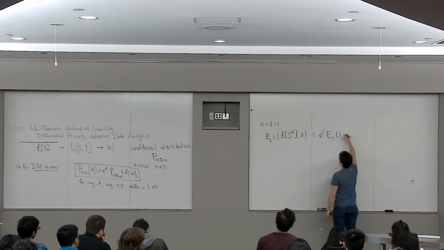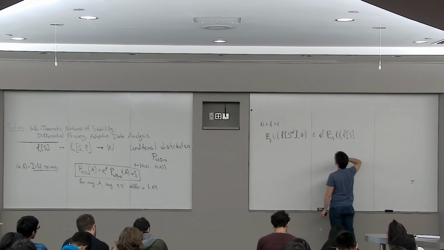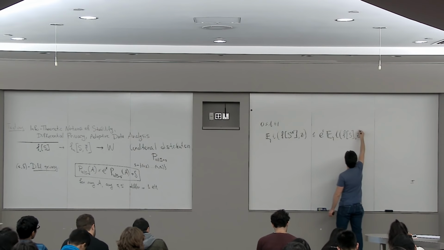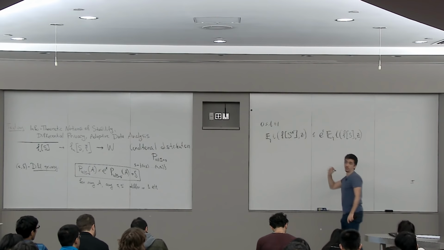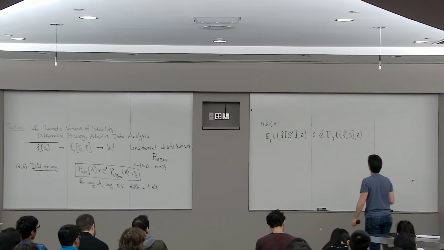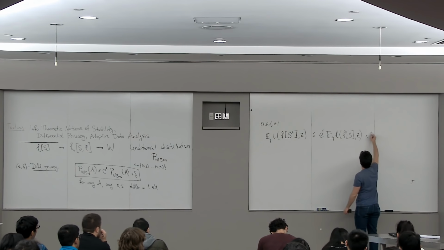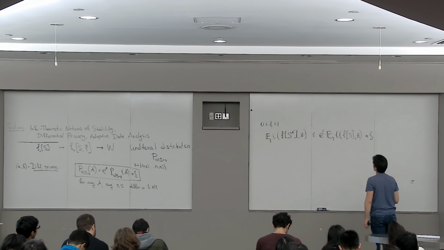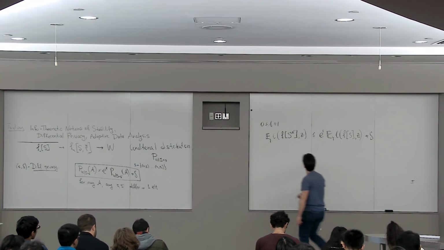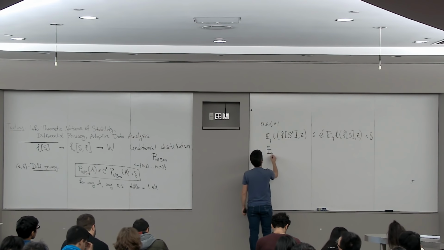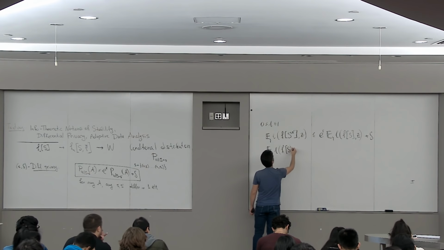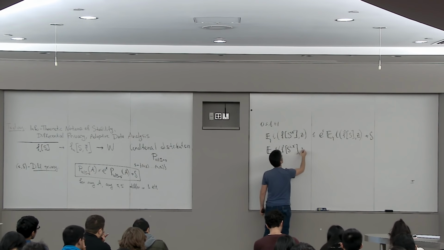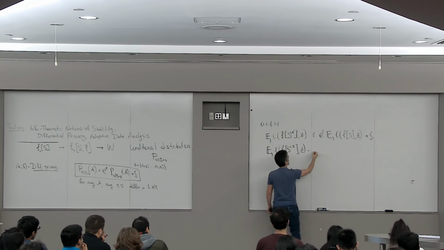So this is f hat of S evaluated on Z, right? Because these two data sets have a different one element. Plus delta. So let me rearrange the terms. I'm going to subtract one guy.